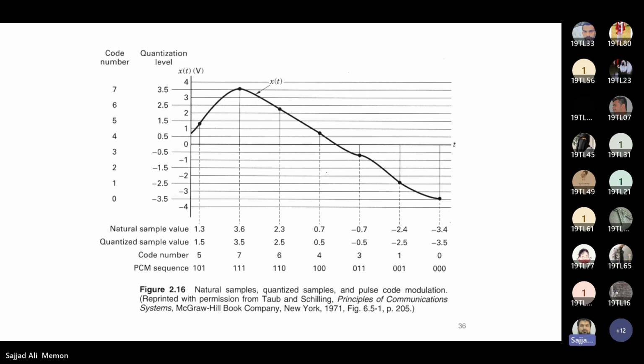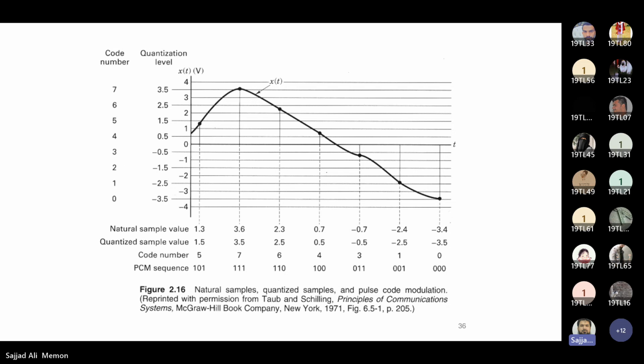So instead of 1.3, we have to choose 1.5. That difference between the actual sample value and the available quantized sample value is called quantization error. So 0.2 voltage is the quantization error.